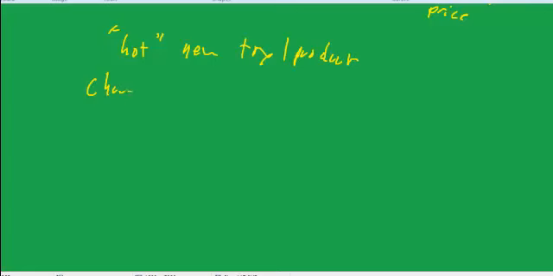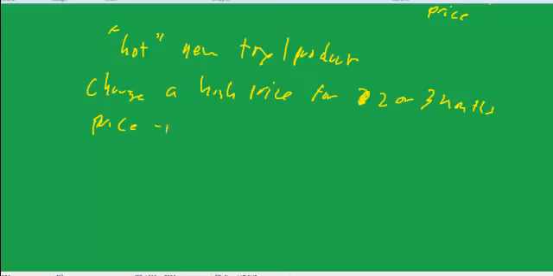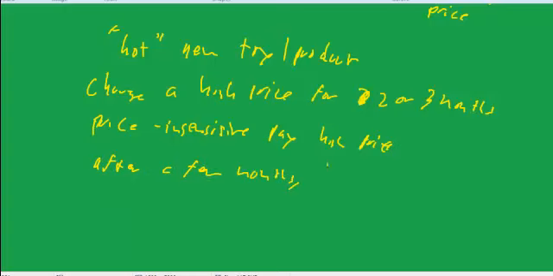You charge a high price for two or 3 months, and that gets the people who are price insensitive, people that just have to have it. They pay the high price, and then after a few months you lower the price, and that gets you the price sensitive people at that point.